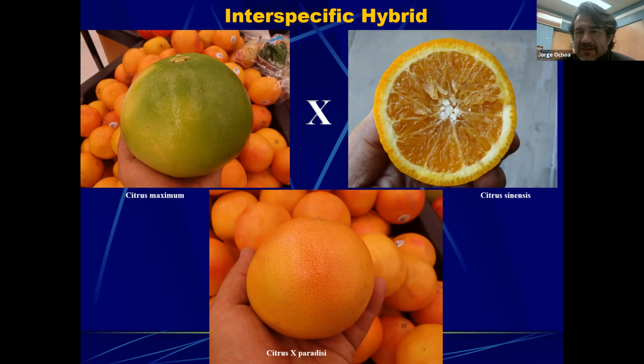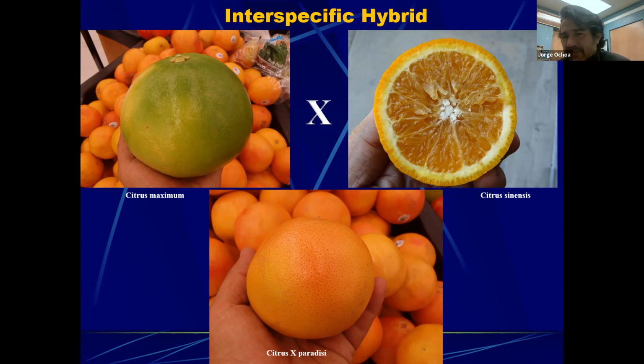So here is a hybrid from two different species. We have the genus Citrus maxima, which is the pomelo, and that was crossed with the orange, and we have what is known as the grapefruit. The grapefruit, as we know it, is a hybrid between a pomelo and an orange.